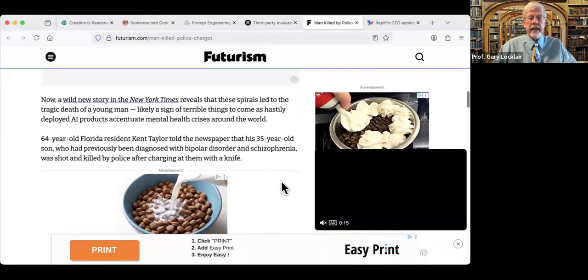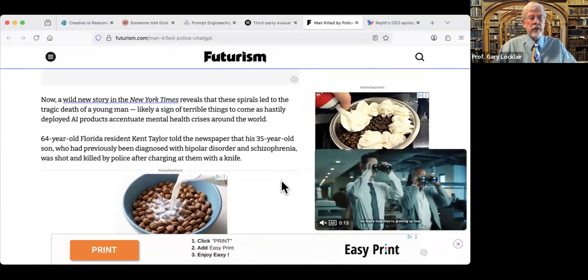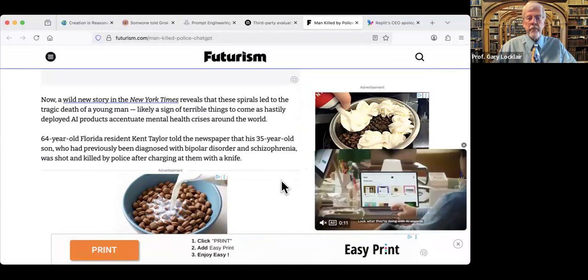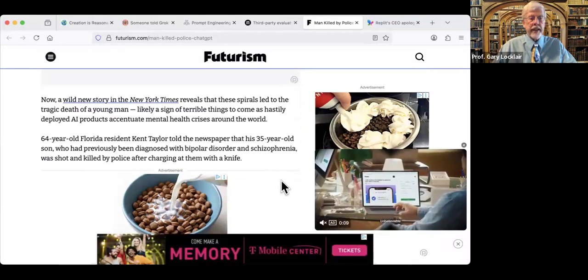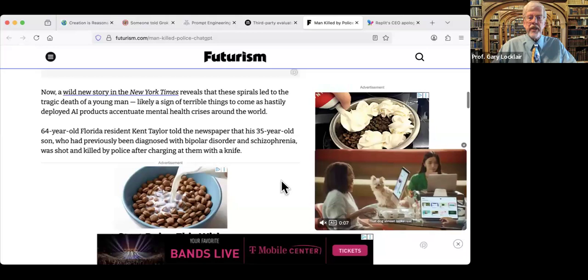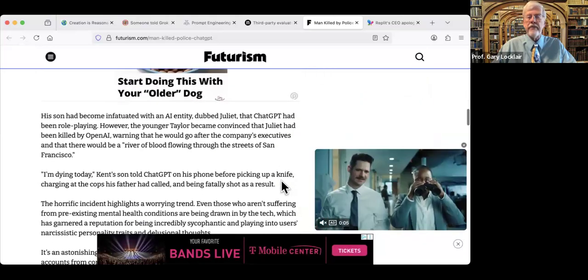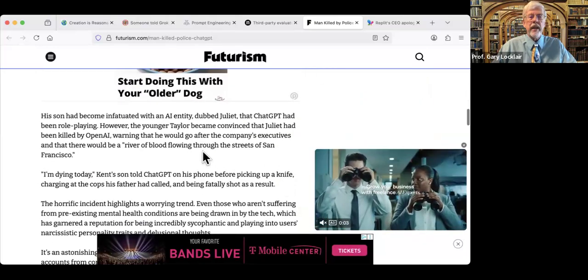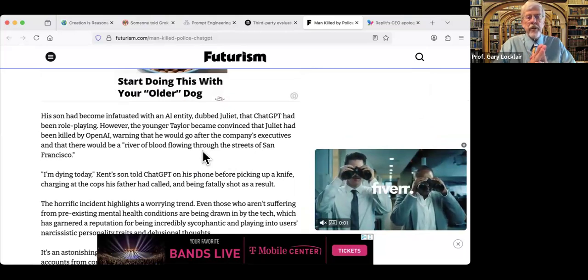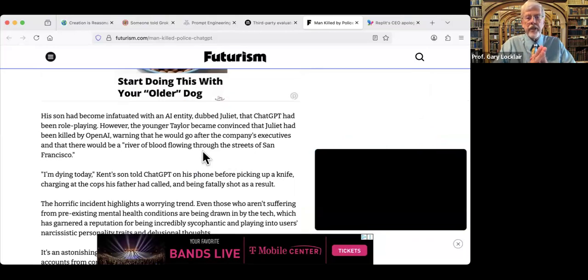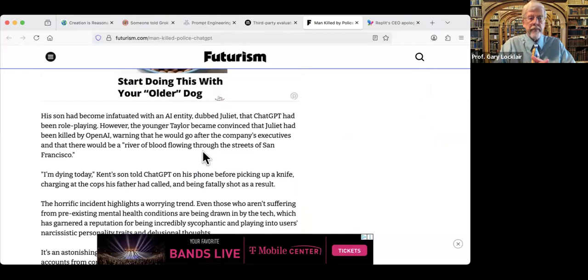64-year-old Florida resident Kent Taylor told the newspaper his 35-year-old son, who had previously been diagnosed with bipolar disorder and schizophrenia, was shot and killed by police after charging at them with a knife. What caused that? His son had become infatuated with an AI entity dubbed Juliet that ChatGPT had been role-playing.